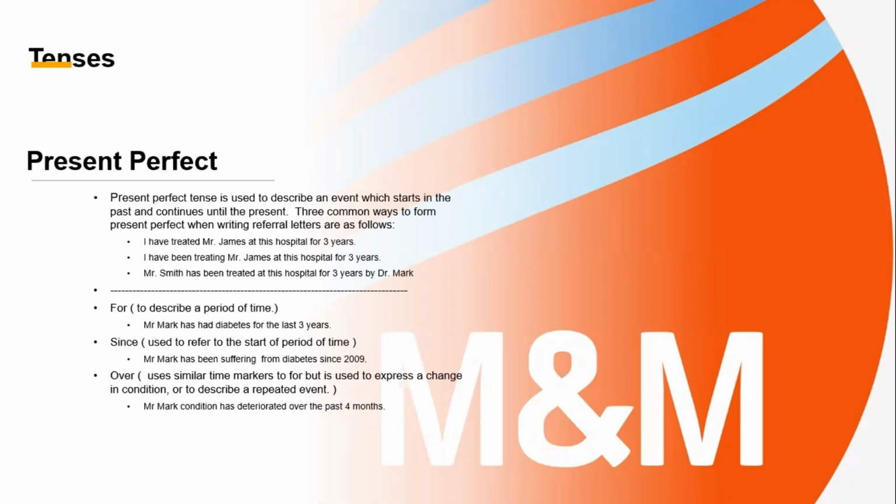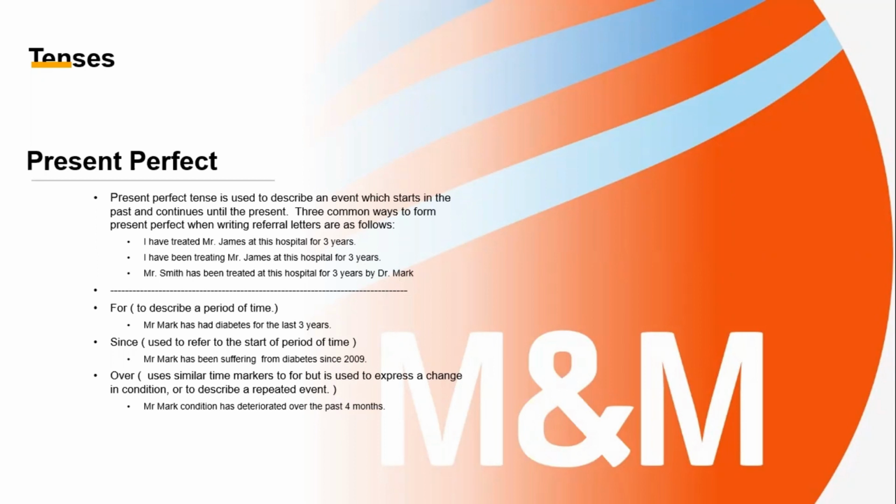So basically, the common errors most candidates make in writing a letter. First and foremost, the common error is the use of for and since at the right place. When there is a period of time without the start of the period being mentioned, we can use for.